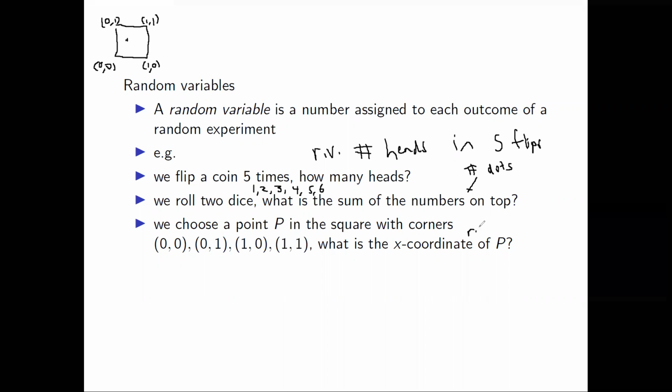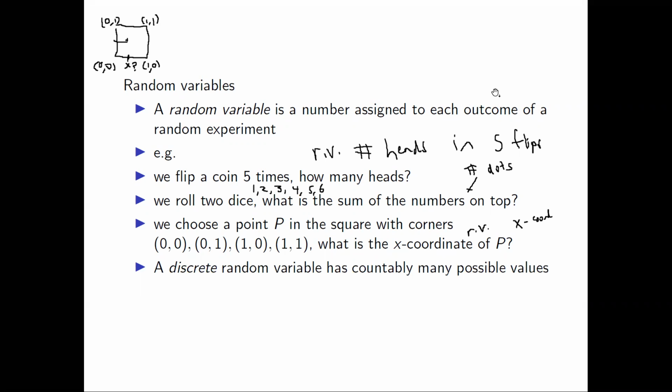So our random variable here could just be the x-coordinate of the point. So these give us 3 different random variables. We're going to focus on a specific kind of random variable because this is the kind that we're going to be using for combinatorics problems.